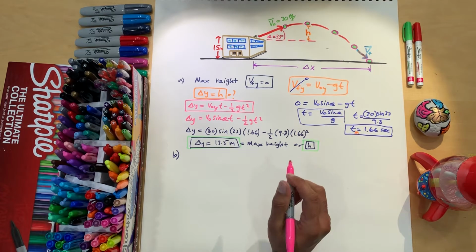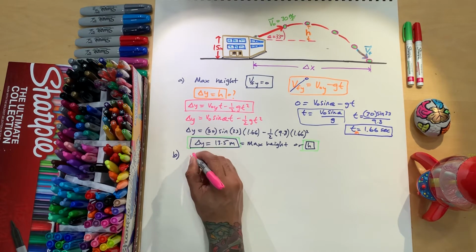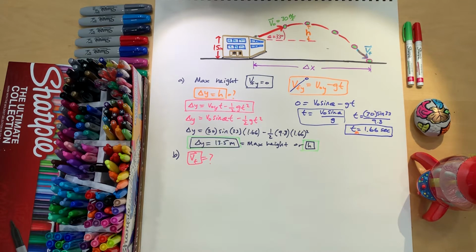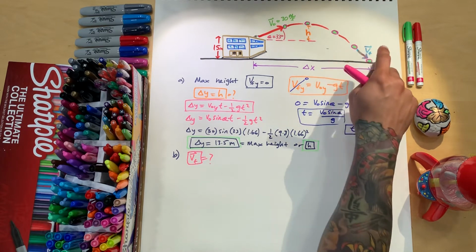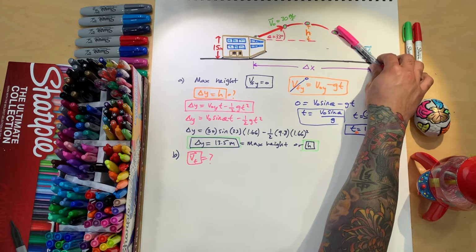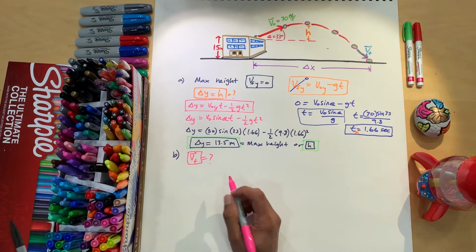The magnitude of the velocity final is what we're being asked. The speed of the rock just before it hits the ground is not specifying the X or the Y, it's just the diagonal one, meaning the magnitude. So that's what we're aiming for to answer this question.